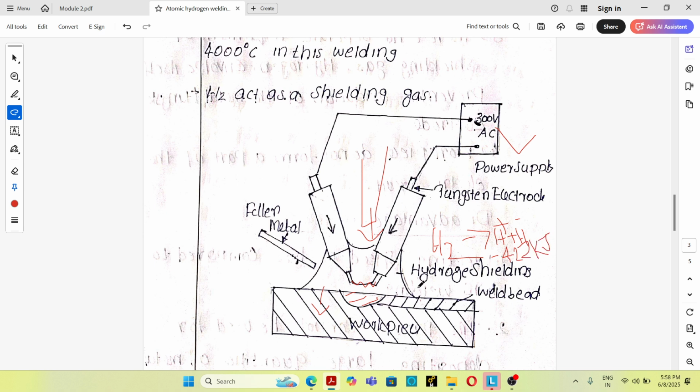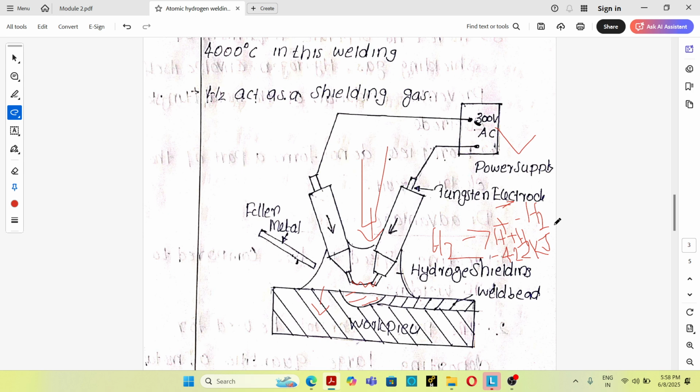Next, when these hydrogen ions contact the cool base metal, they recombine and hydrogen molecules are produced. That is an exothermic reaction. Exothermic reaction means that it will liberate heat energy, almost 422 kilojoules, at a temperature of 4000 degrees Celsius.